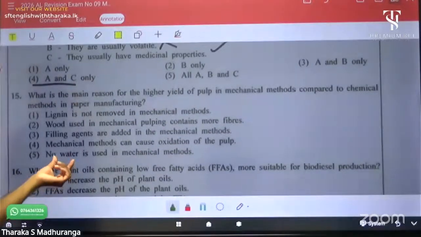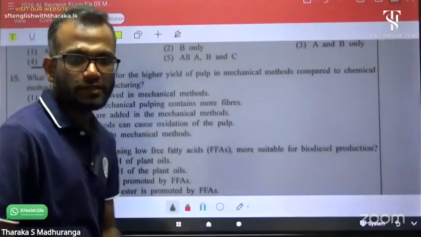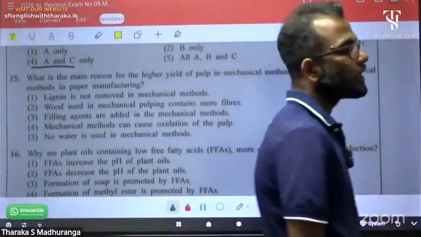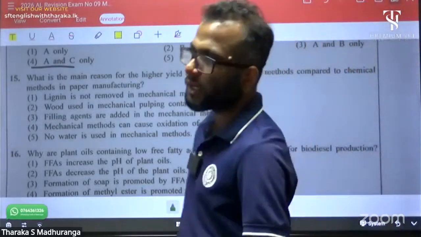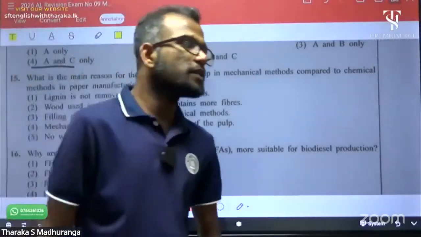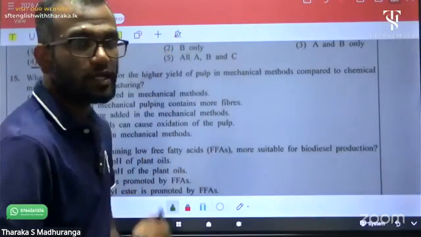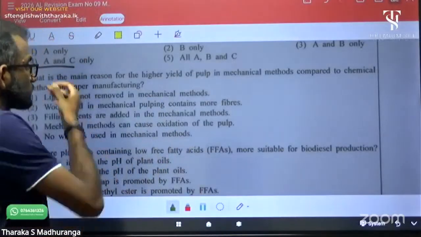What is the main reason for the higher yield of pulp in mechanical methods? In paper production, for pulp preparation we can use the mechanical method as well as chemical methods. I told you the mechanical method yield is greater than the chemical method. What's the reason?